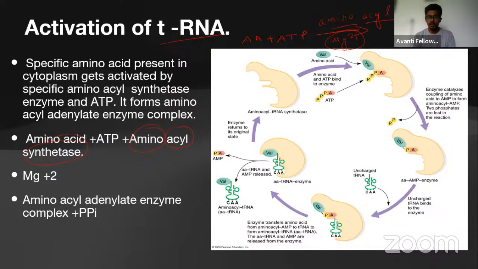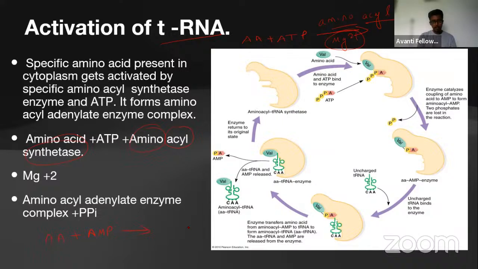You have an amino acid, it reacts with ATP. For it to react with the ATP, there is an enzyme called amino acyl synthetase. This amino acyl synthetase will work in the presence of magnesium. So what will happen here? We have amino acid plus ATP giving AMP.